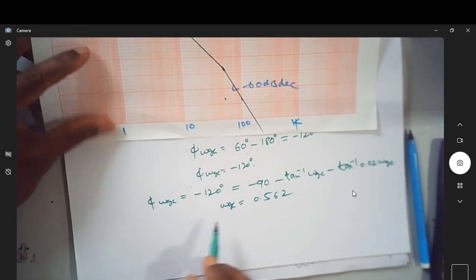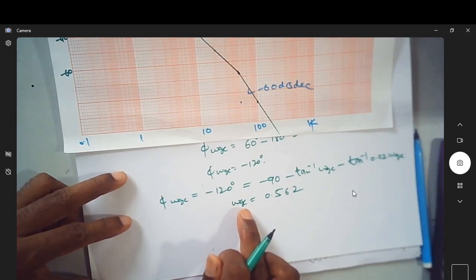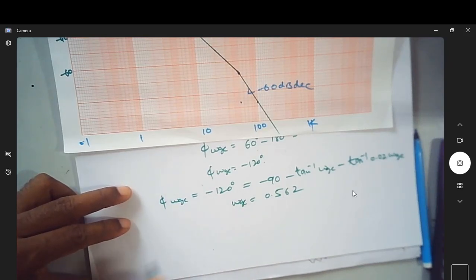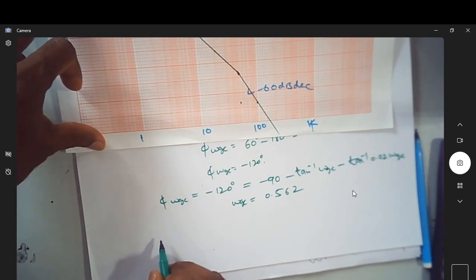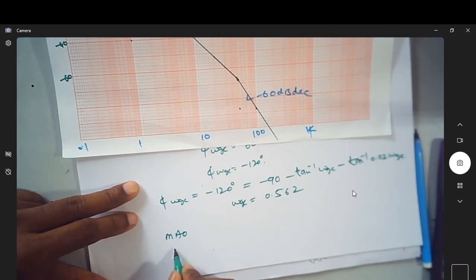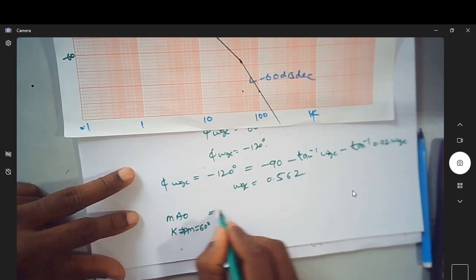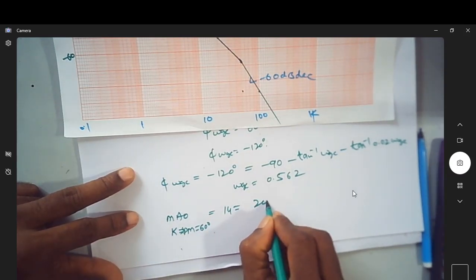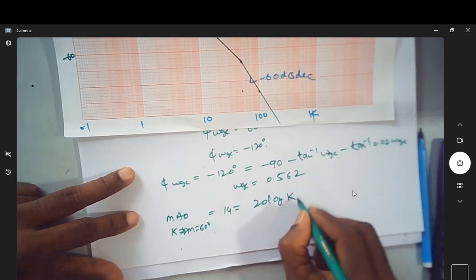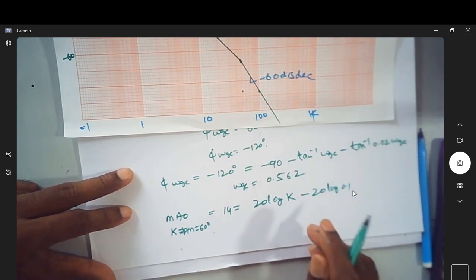Shall we just find out? So omega GC is found. Using this, what is the magnitude at origin for a K equal to K resulting in a phase margin of 60 degrees? Is this not 14 equals 20 log K minus 20 log 0.1?